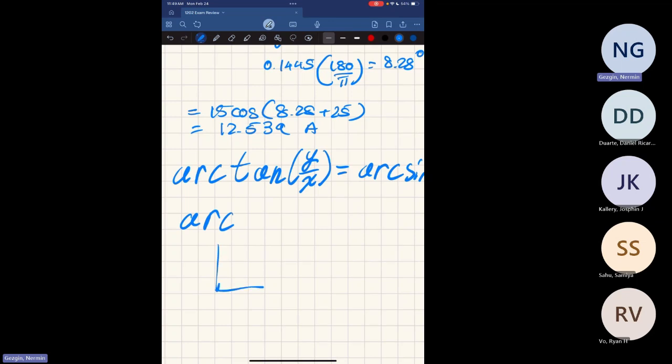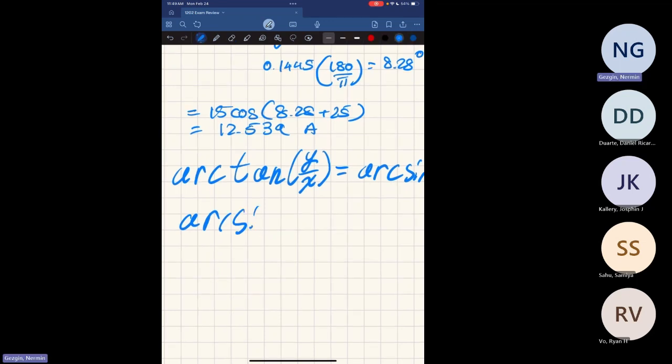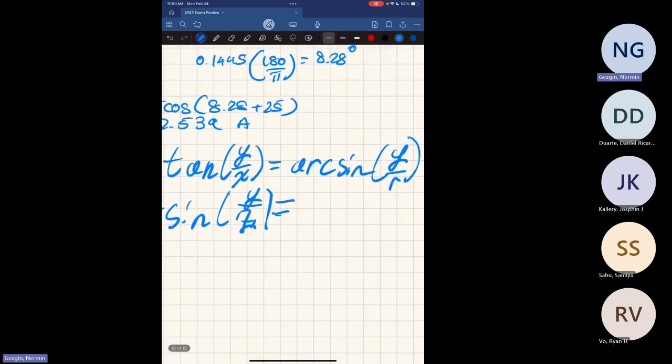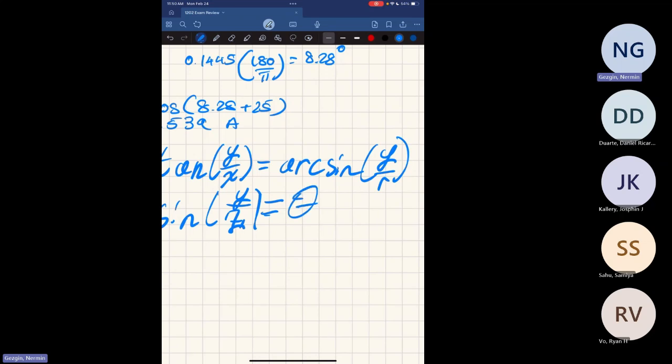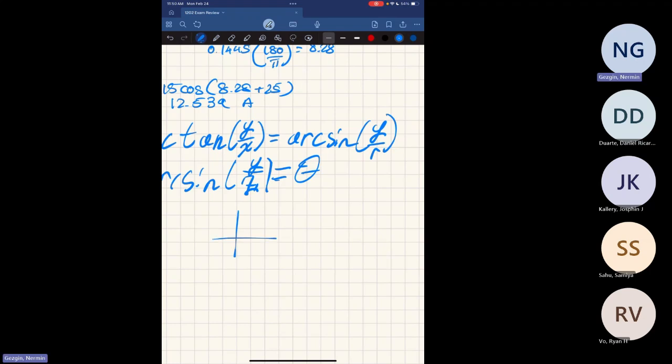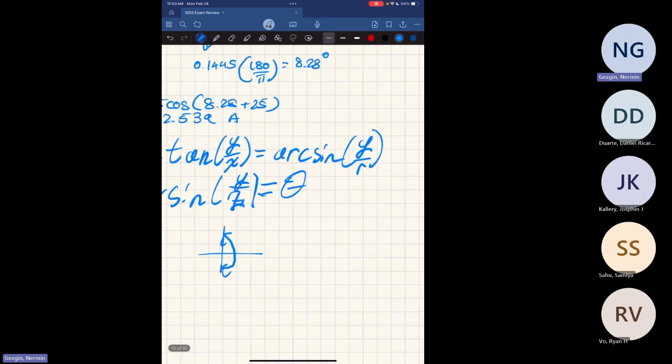So arcsine of y over z essentially also equals the same angle. But it will never be flipped, because arcsine's domain is restricted here. So it always has a unique solution. It can't repeat itself.